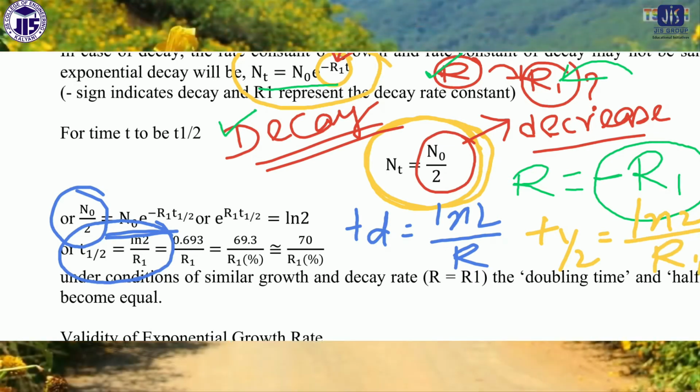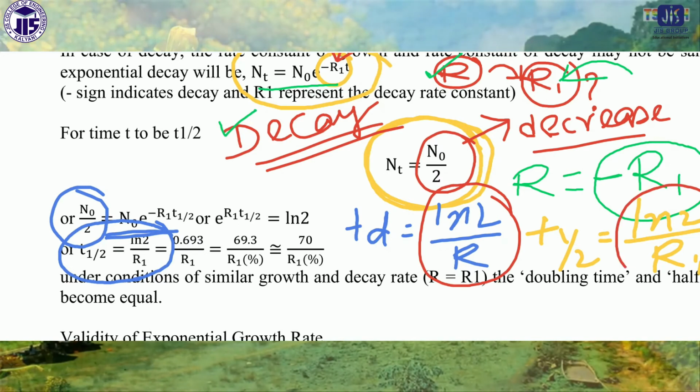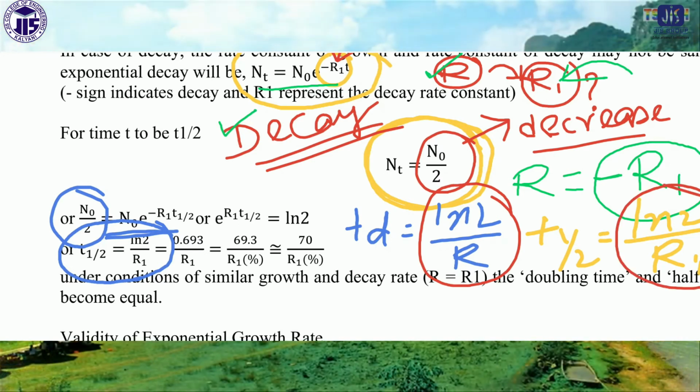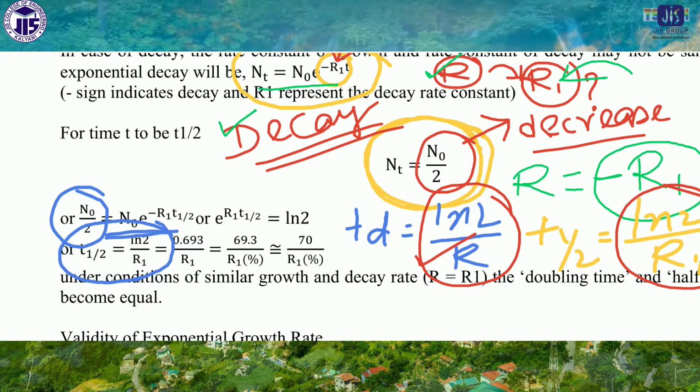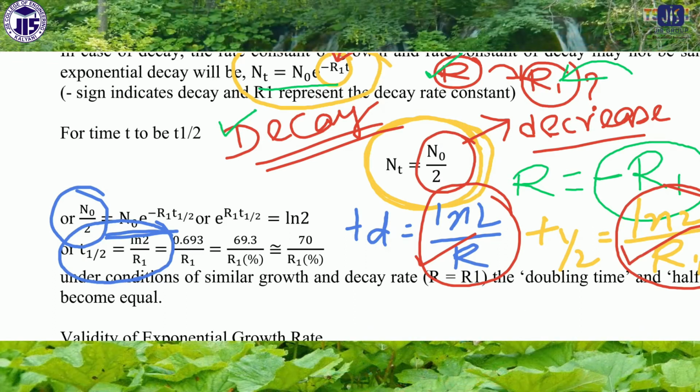If you consider the two values, ln 2 by r and ln 2 by r1, what is the difference? The only difference is the constant. In case of doubling time of population, there was the growth rate constant. But in case of half-life time of population, we are considering the decay rate constant.